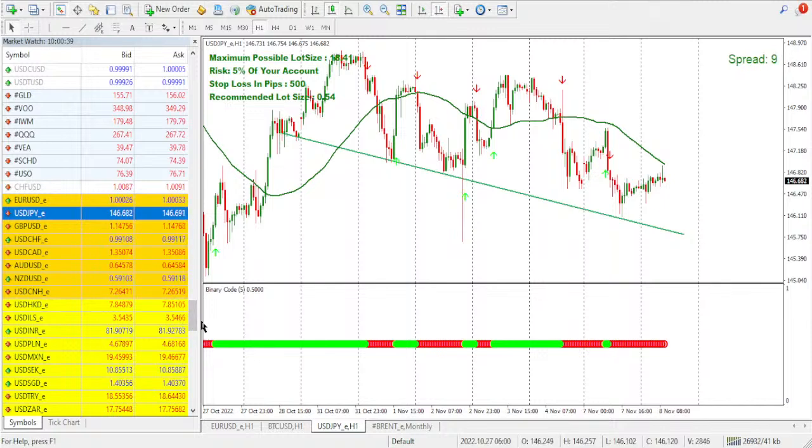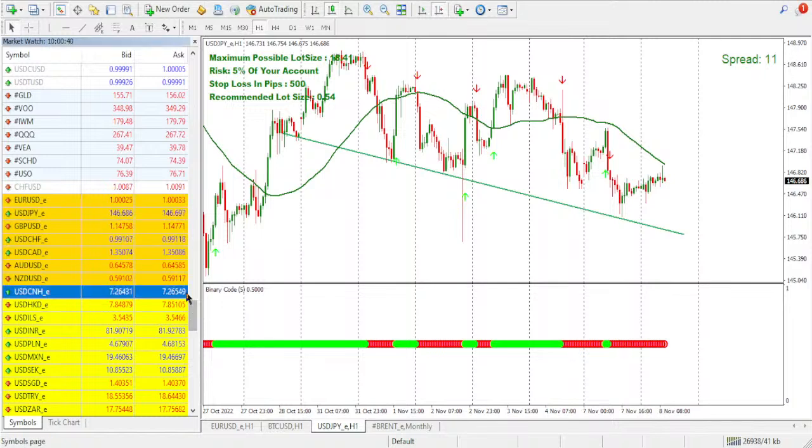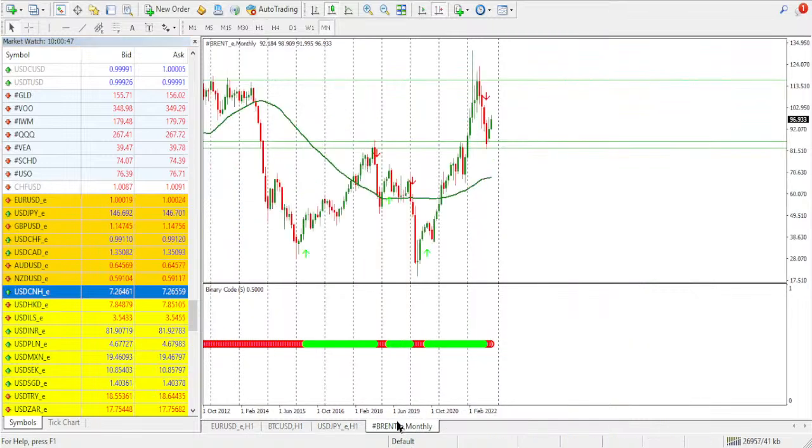The next chart which we'll be looking at precisely, I want us to look at the Brent oil. We keep saying the same thing on Brent oil. We are still looking for a buy. We are expecting that the price may likely pull back to this point here so that we can pick a long-term buy position, expecting the buyers to push price upwards at least up to this level here.